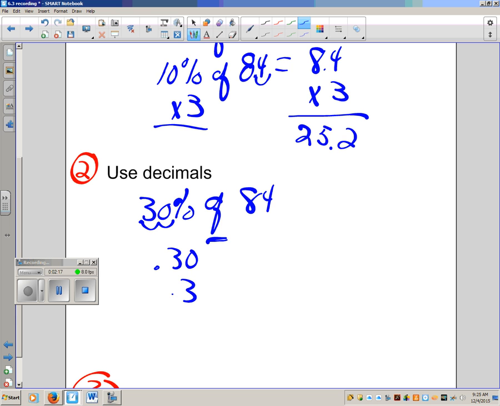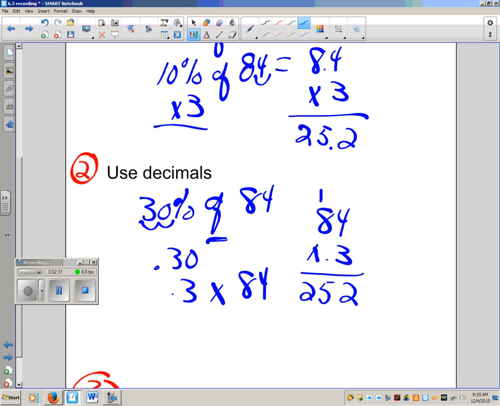Of means times 84. So over here, 84 times 0.3, 12, 24, 20, 252. Now don't forget, move your decimal one time, you get the same answer, 25 and 2/10.